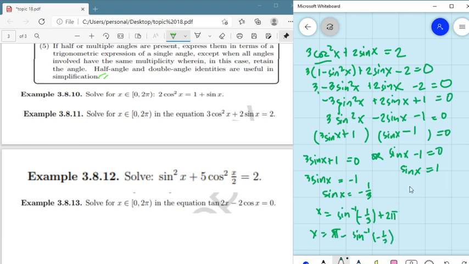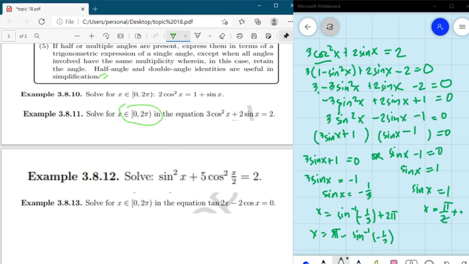Okay, then in the second part, we have sine x equals 1. So x there, where sine is 1, is pi over 2, plus 2k pi, but since the interval is from 0 to 2 pi, therefore it's pi over 2.